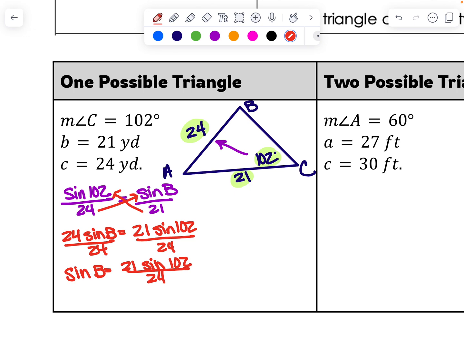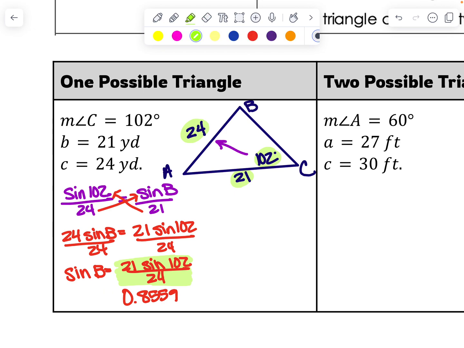And I'm going to go ahead and find that as a decimal. My reason for doing that is because if this fraction is bigger than 1 or smaller than -1, I know it's not possible. So when I do that fraction, I get 0.8559. So now I'm just going to take the inverse sine, right?